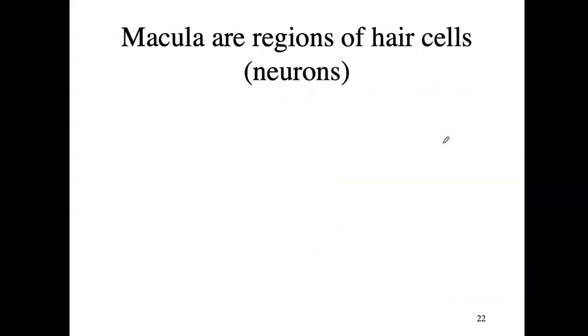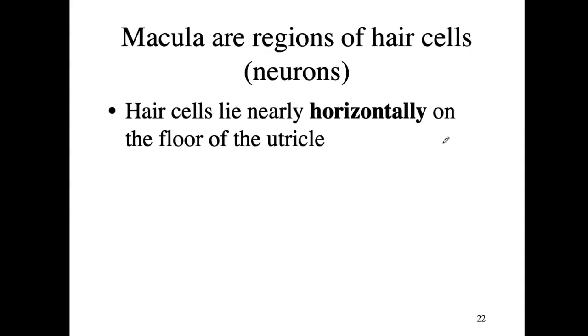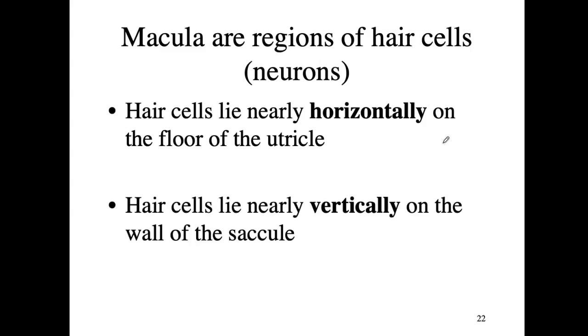What's that mean? Well, these regions, I called it a stage or a platform for hair cells. So these little neurons that are called hair cells, because they look like little hairs, but they're really neurons, lie nearly horizontally on the floor of the utricle, and they lie nearly vertically on the wall of the saccule.